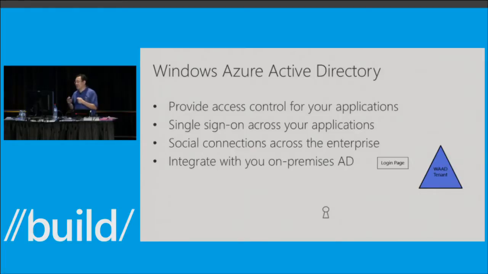Basically, you can query user attributes and relations between them. And last but not least, it provides a built-in capability of synchronizing with your on-premise AD. By installing a directory sync agent, you can sync your selected users and groups up to your Windows Azure tenant.